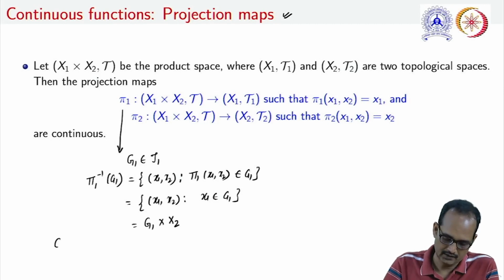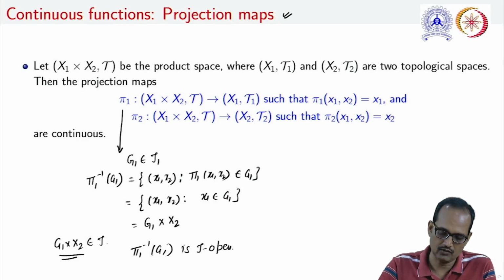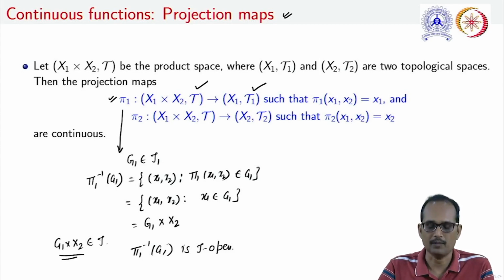Note that this set g1 cross x2 is a member of the product topology. Therefore, this pi 1 inverse g1 is tau open, that is, the inverse image of a tau 1 open set is tau open, and therefore this map, that is pi 1, is a continuous map.